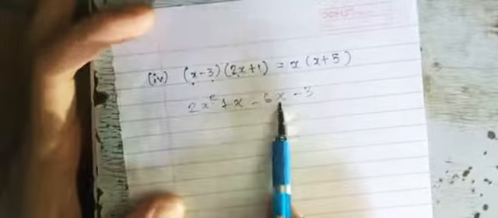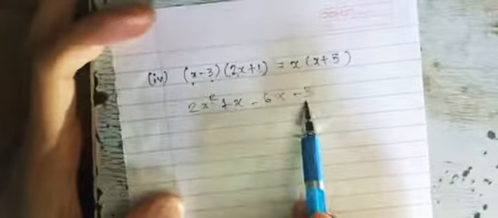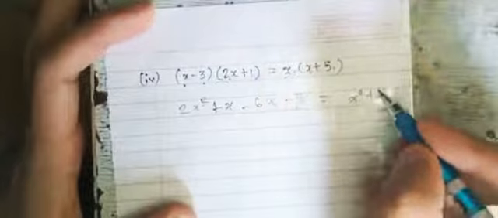If we take x, x will multiply with 2x, then 1. So 2x square plus x into 1, x. Now minus 3 will multiply with 2x, so minus 3 into 2, minus 6x. Then minus 3 multiplied with 1 becomes minus 3. In this way we will multiply. Here x into (x + 5), so x into x, x square; x into 5, plus 5x.